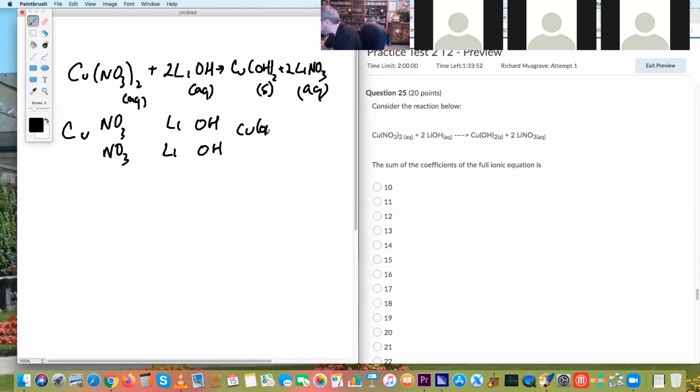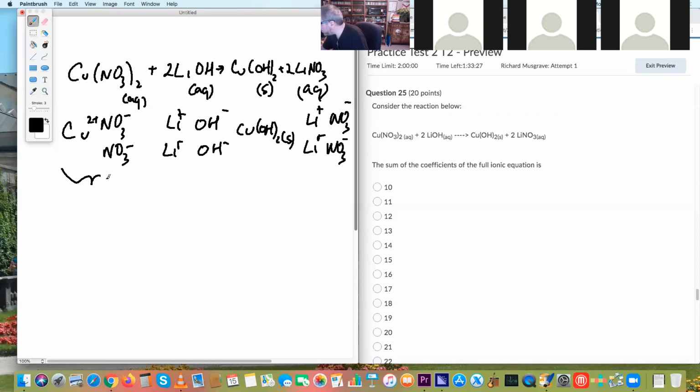The Cu(OH)2 doesn't split up, so it just stays as it is. And these would be 2 LiNO3s. Now, I can put charges on them if I want to, but it's really not that important. But just for kicks, I will. All we're really interested in, though, is the number of particles that we're getting here.